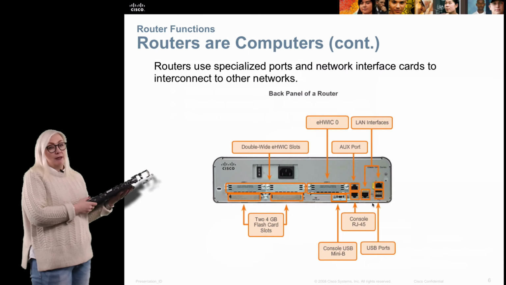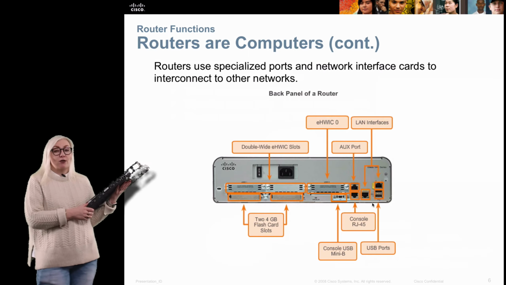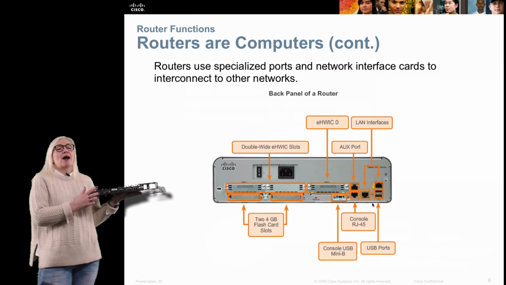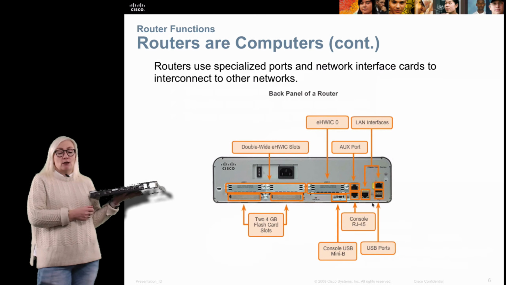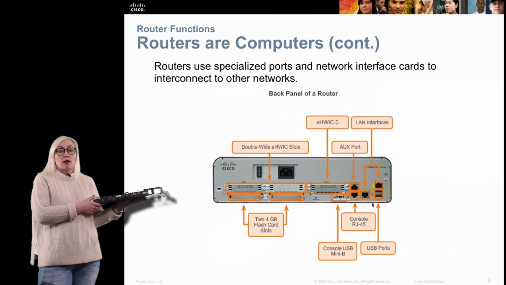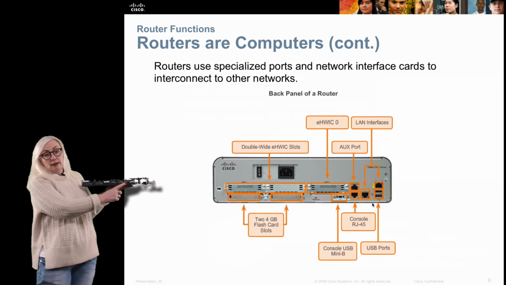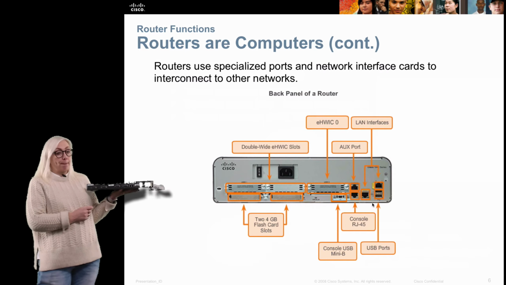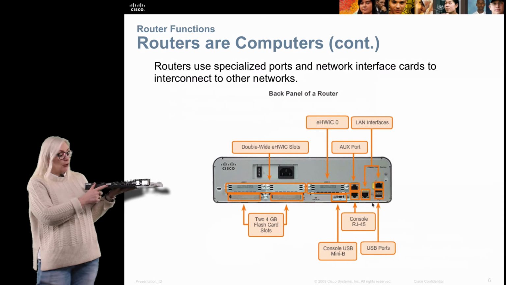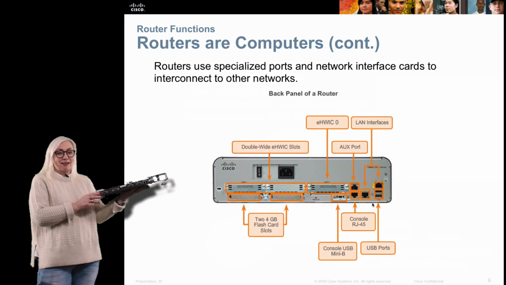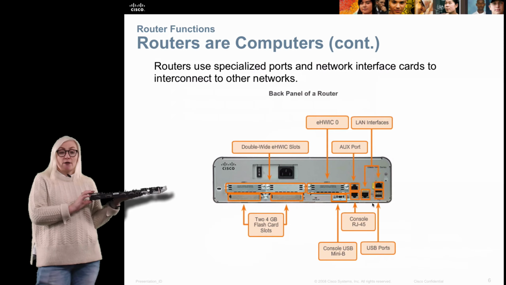If you look at my presentation here, you will see a newer design where you have, for instance, different LAN interfaces. It could be Ethernet, fast Ethernet, gigabit Ethernet. You typically have USB ports. You can have a console cable or console interface like I also have here. You have different types of modules that you can install depending on what kind of ports you need.